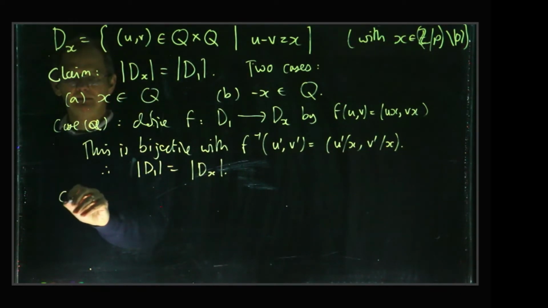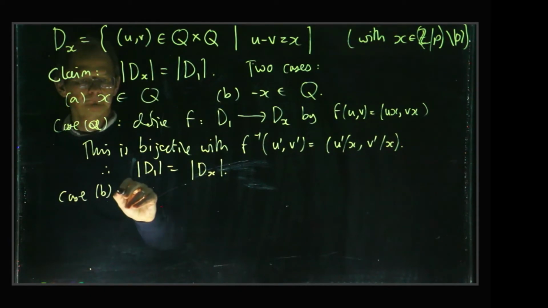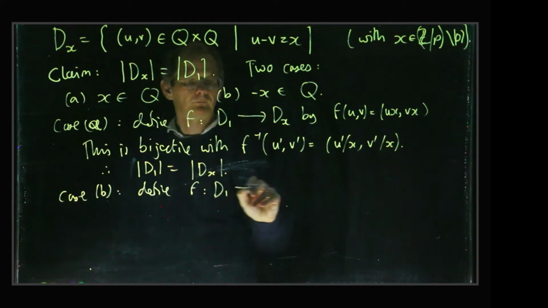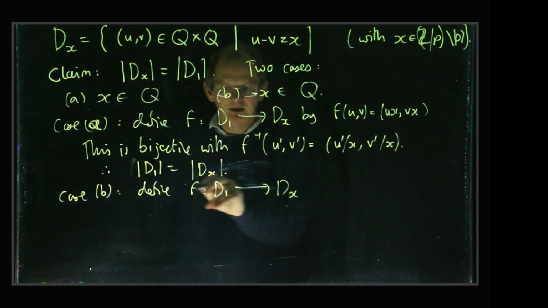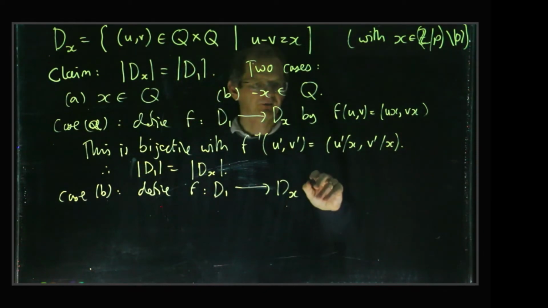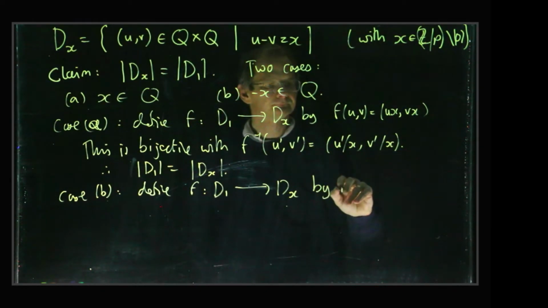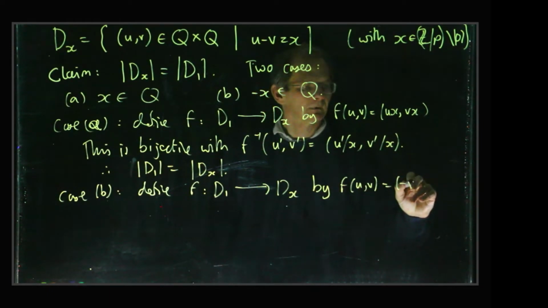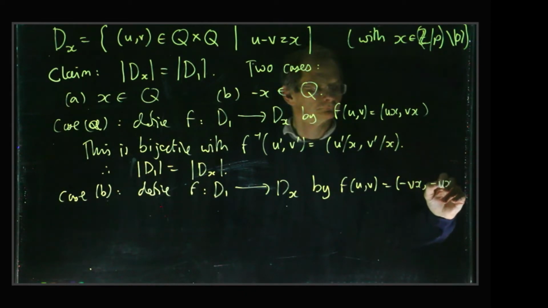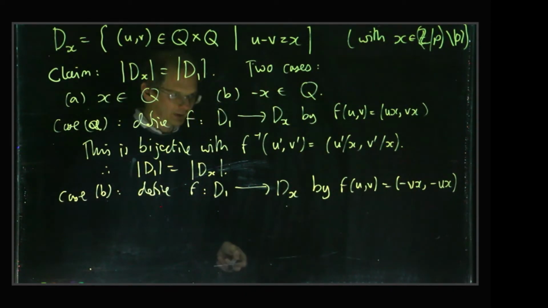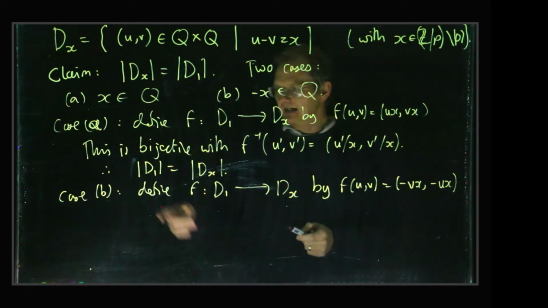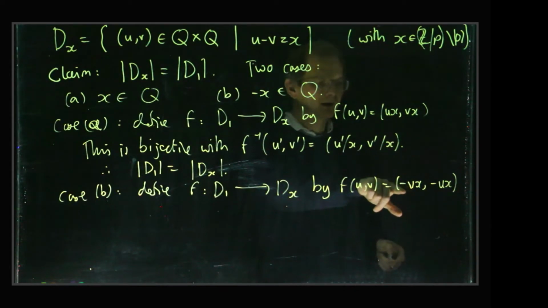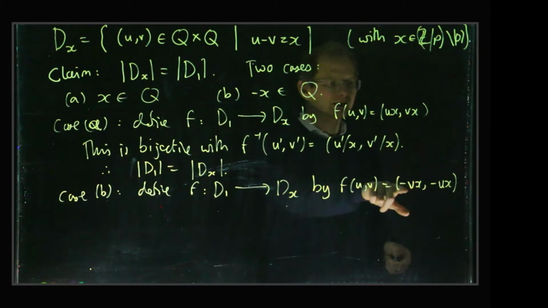And case B, so again, we're going to define a bijection from D1 to Dx. We just have to use a slightly different formula. This one's valid because in this case we're in case B, so minus x is a square and v was a square, so you multiply minus x by v, that's a product of two squares, so that's a square.